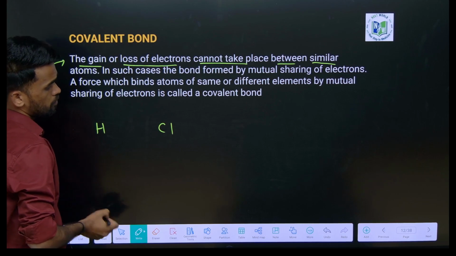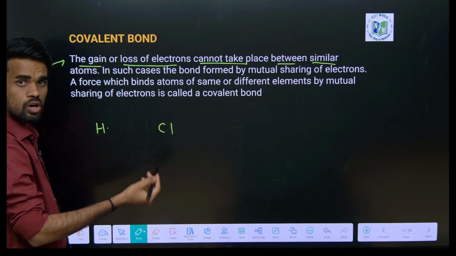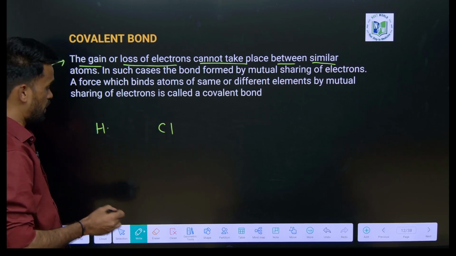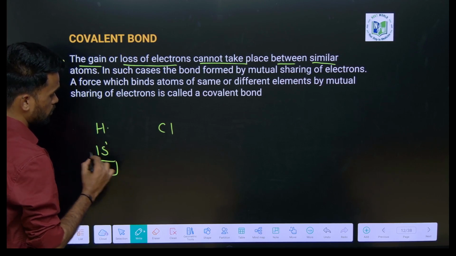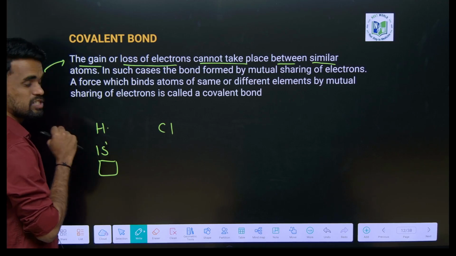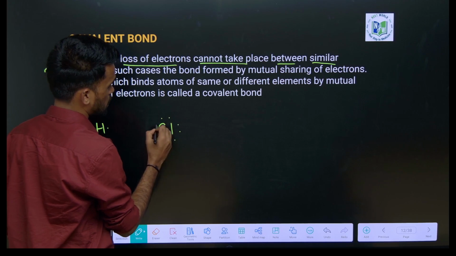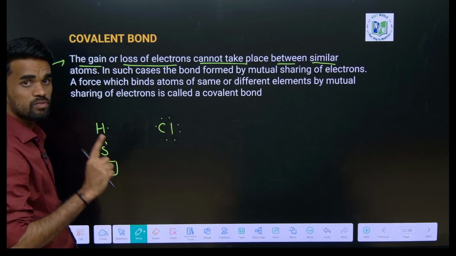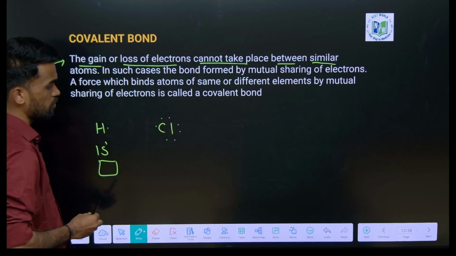Now here hydrogen also requires one electron in order to fulfill its 1s orbital. It has a 1s1 electron, and it requires one more electron to get its doublet configuration. For chlorine, we know it has 7 electrons around it. It also requires one more electron to gain noble gas configuration.